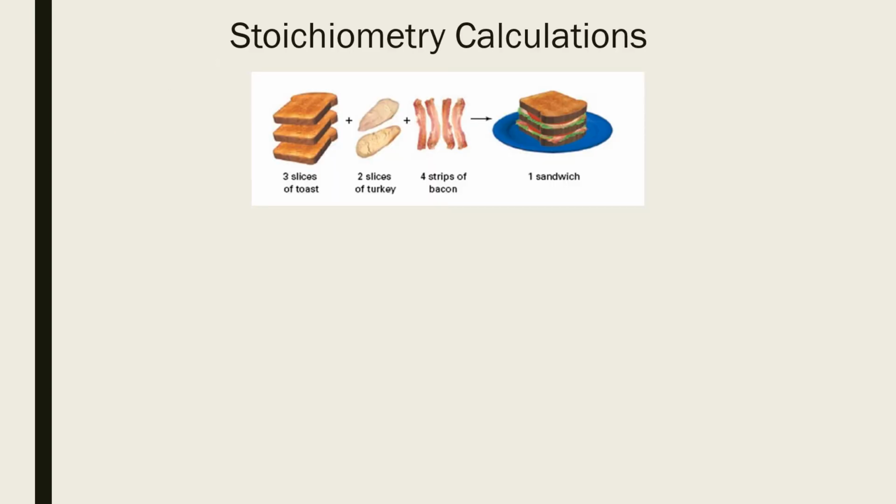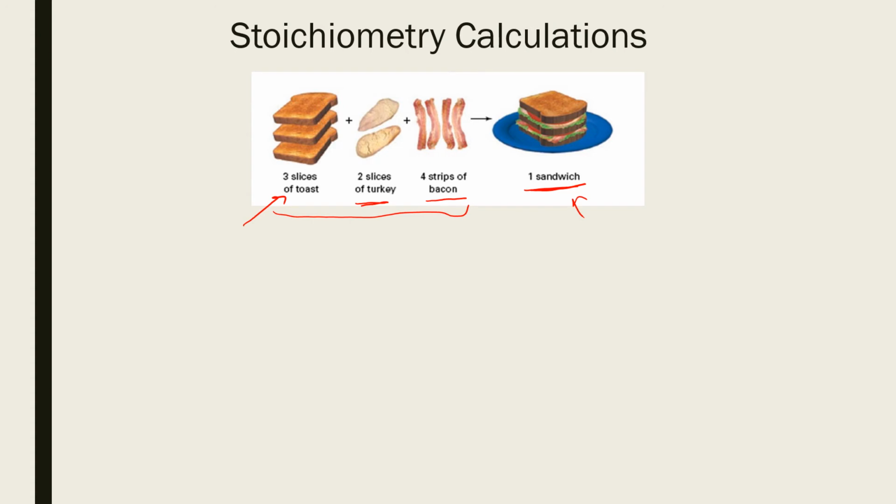Let me explain the concept behind stoichiometric calculation using the example of a sandwich. We can consider making a sandwich like a chemical reaction. In order to make one sandwich, imagine we need 3 slices of bread, 2 slices of turkey, and 4 strips of bacon. And then combination of all of these components will give us a sandwich.